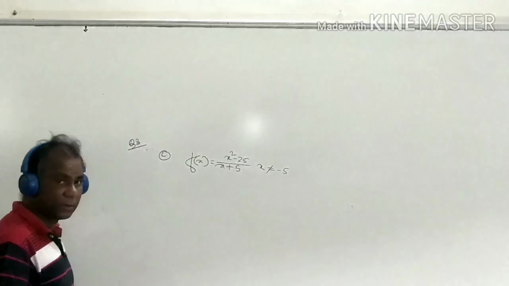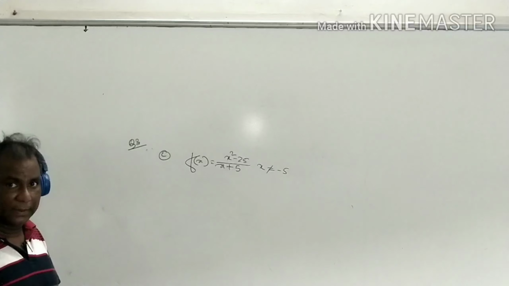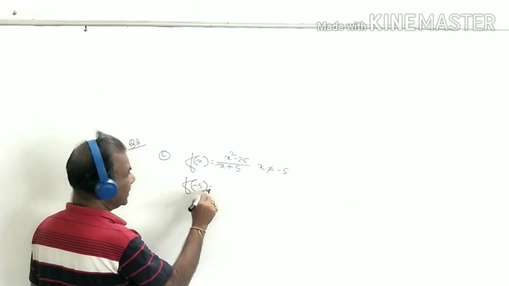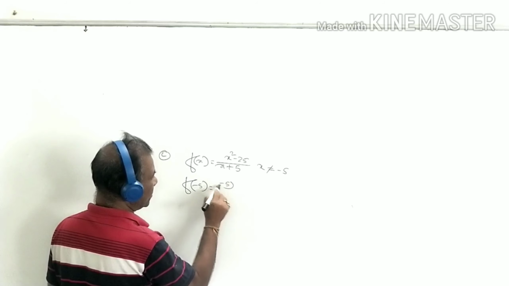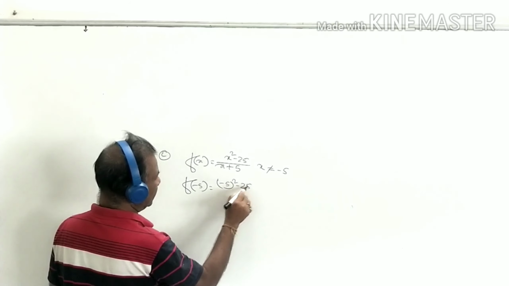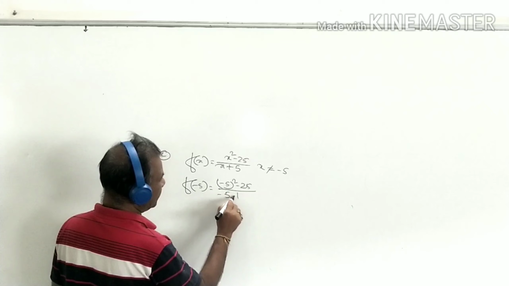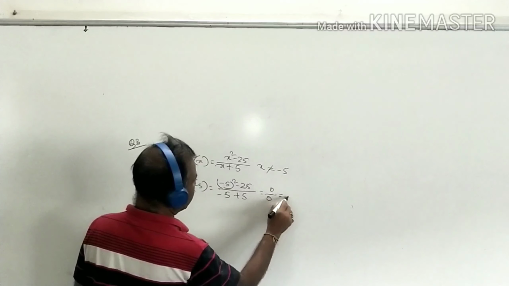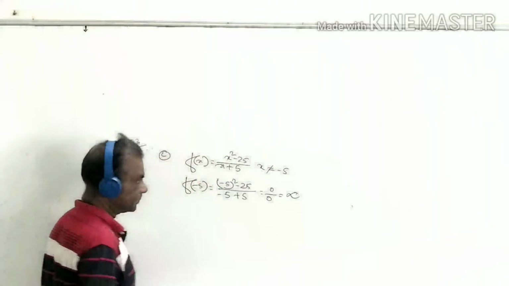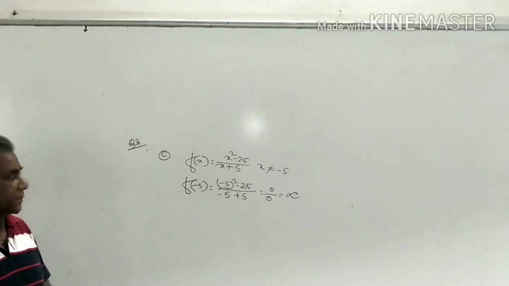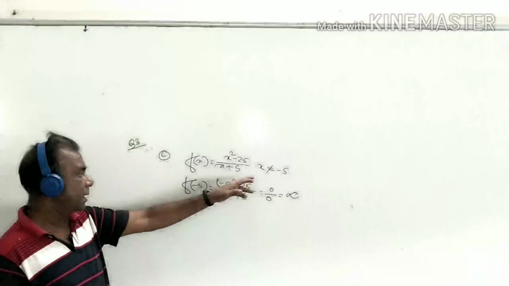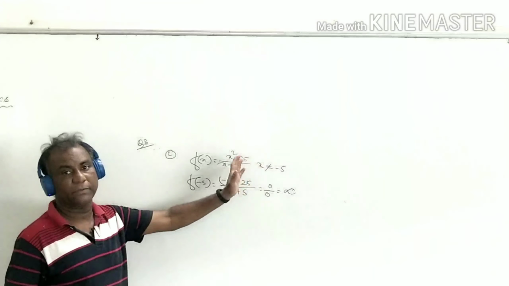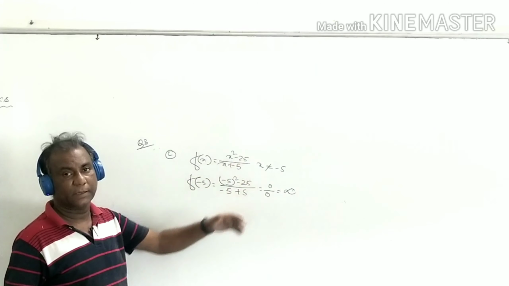Why is x not equal to minus 5? Same reason. If you put x equal to minus 5, then what will happen? Minus 5 whole square minus 25 by minus 5 plus 5. So it will be 0 upon 0, which is undefined. And the function is not defined at x equal to minus 5.